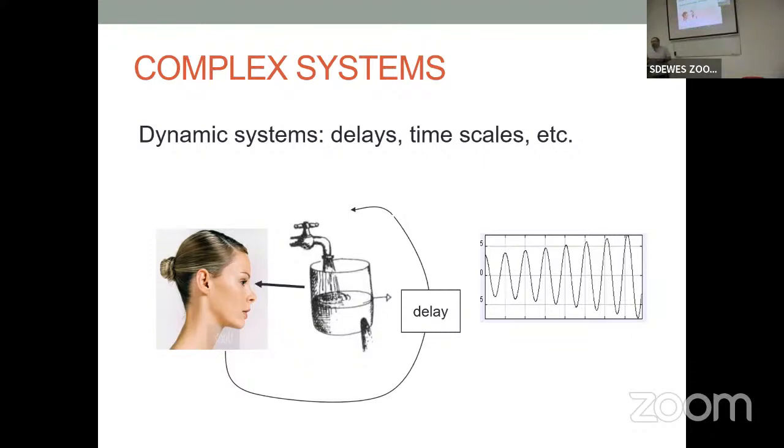What is happening is that there is a delay between when you open your tap and when the water that comes to you is hot or cold, okay? Warm or cold. So during this delay, you try to manage with the tap, but you don't get it. So you sometimes need to find a real equilibrium for temperature. During this process, there is oscillation due to the delays. So delays usually have oscillations as a consequence.